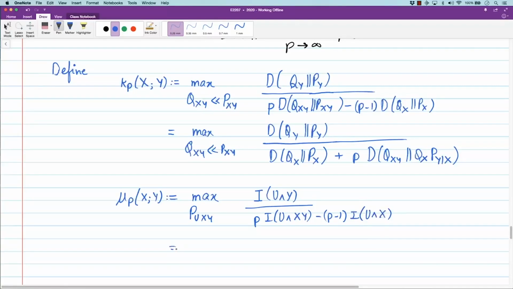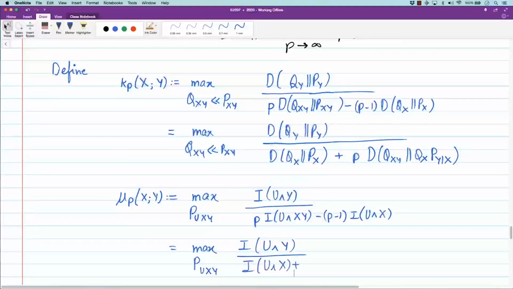Okay, this is also equal to the max over PUXY of this plus p times this minus this, which is just the conditional mutual information.